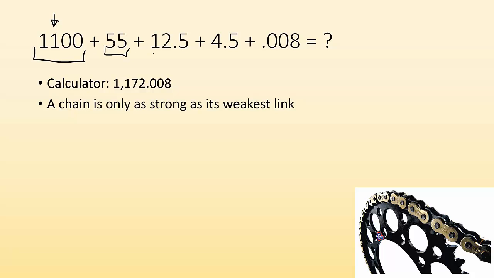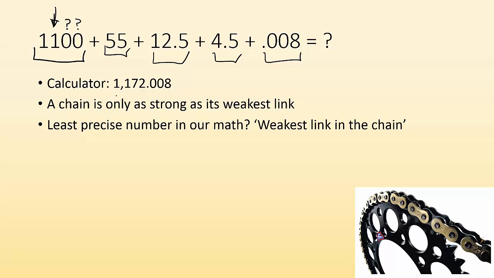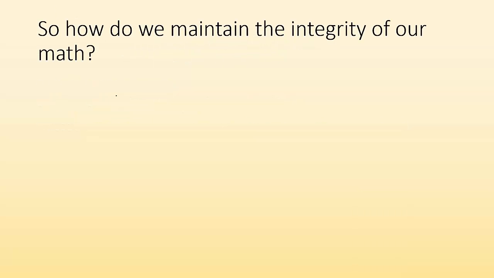These numbers are more precise and we know more digits, but our least precise number is this 1100 because we don't know what's actually in that tens place or in that ones place. So our answer is only going to be precise to the hundredths place. So the least precise number in our math is the weakest link in the chain, and that's the one we're the most interested in when we're talking about rounding from our calculator.